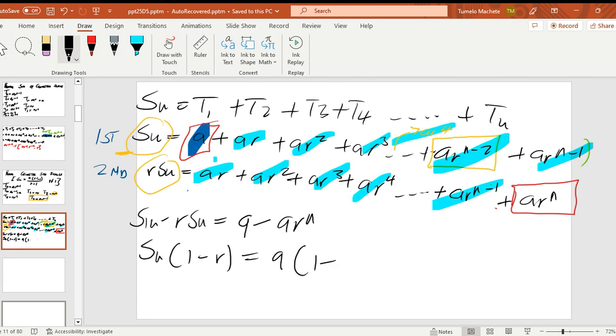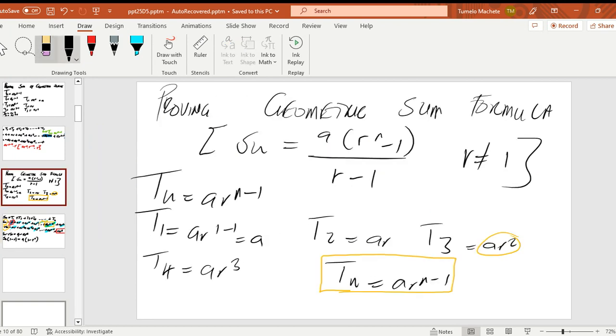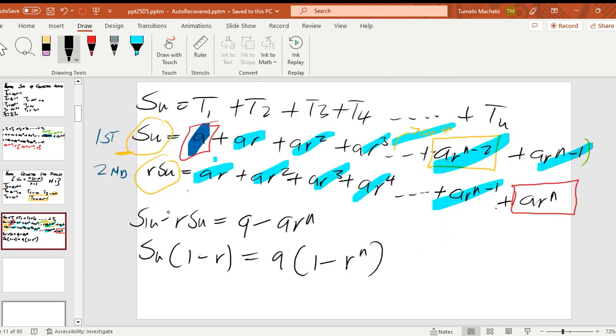We're going to have A times 1 minus r^n.